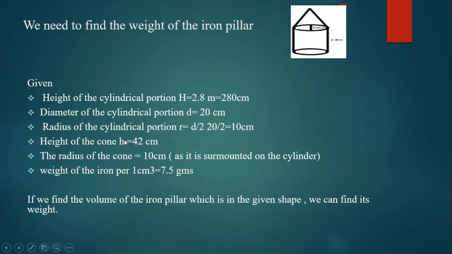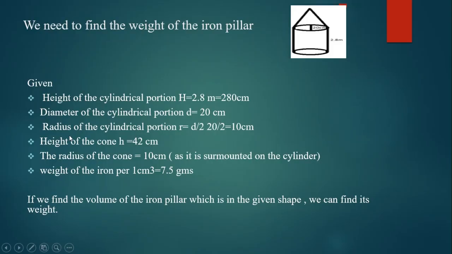For making the calculations simple, I'm taking the height of the cylindrical portion as capital H, which is given as 2.8 meters. Remaining values are in centimeters, so I'm converting the height into centimeters: 2.8 meters is equal to 280 centimeters, that we know very well. Remaining values are given in centimeters only, so there is no need to worry at all.